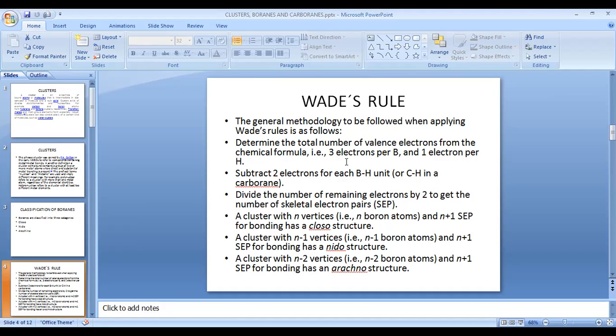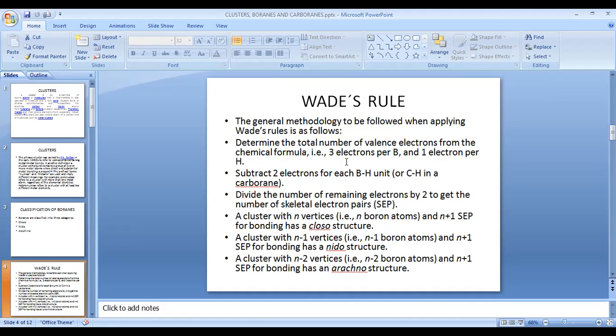In that second shell, we have two subshells, s and p, designated as 2s and 2p. So in the outermost shell we have 2s2 and 2p1, total 3 electrons. These 3 electrons are considered the valence electrons for boron.